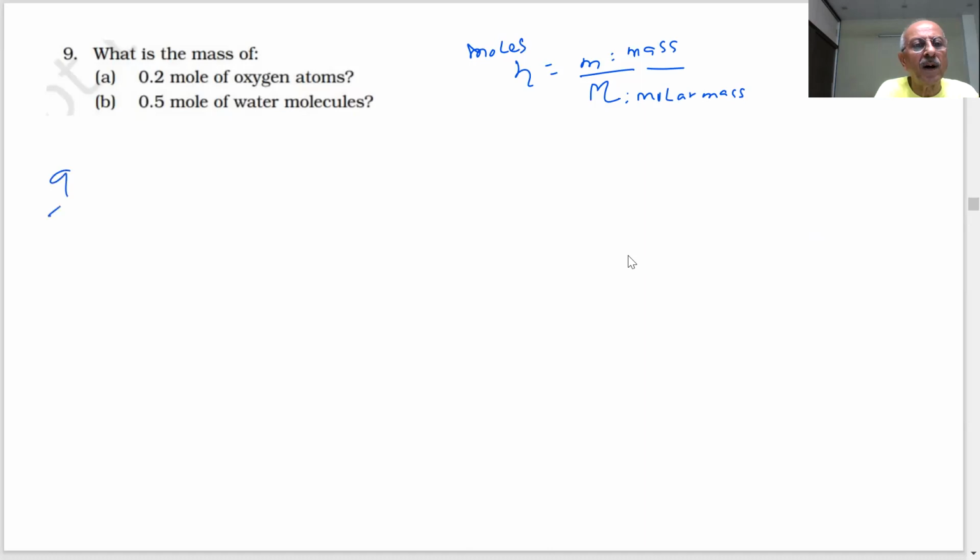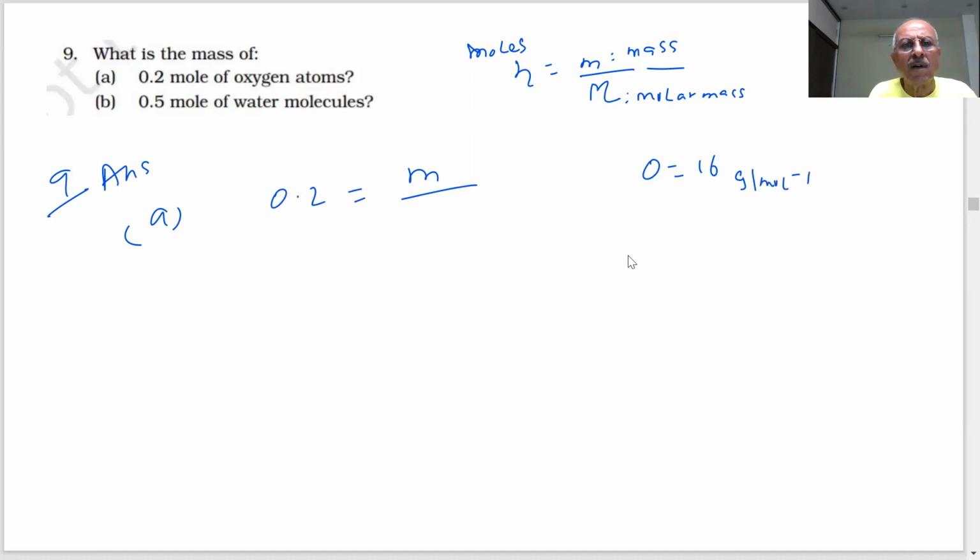So what will be the answer? 0.2 mole, m. What is the molar mass of an oxygen atom? 16. Oxygen atom, this is not a molecule. This is 0.2 mole.